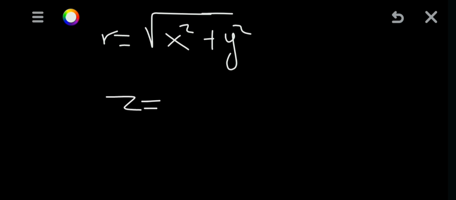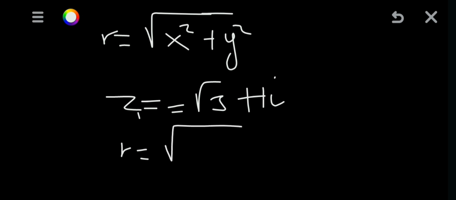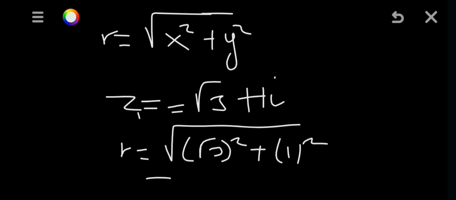For z1, we know that z1 is equal to root of 3 plus i. So meaning the coefficient that we have here is just 1. So I'm going to say r is equal to root of (root of 3) squared plus 1 squared. What is root of 3 squared?